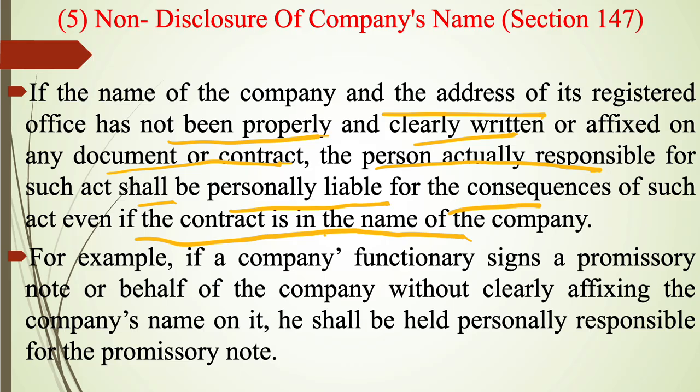For example, if a company's functionary signs a promissory note on behalf of the company without clearly affixing the company's name on it, he shall be held personally responsible for the promissory note.